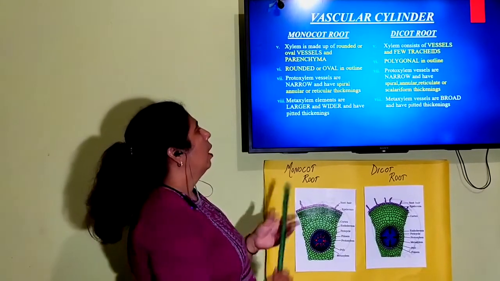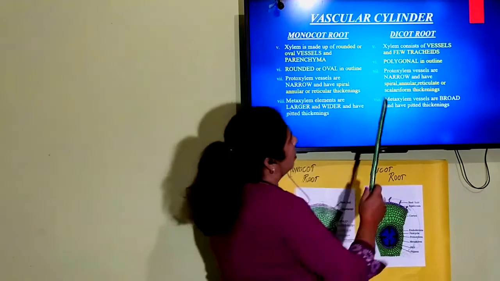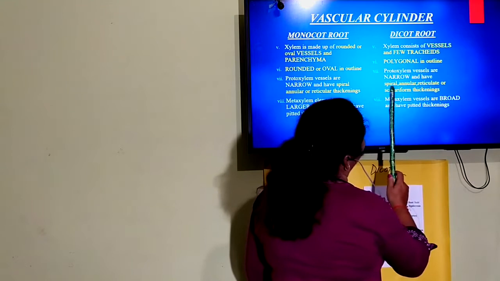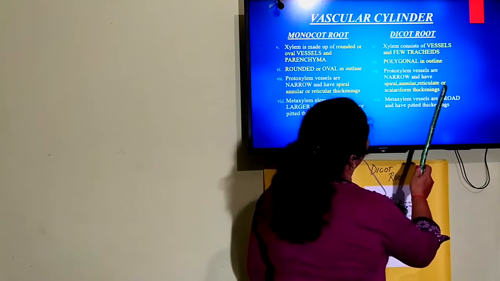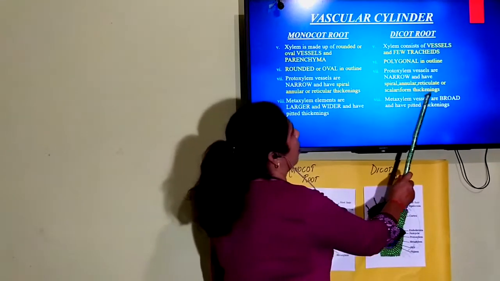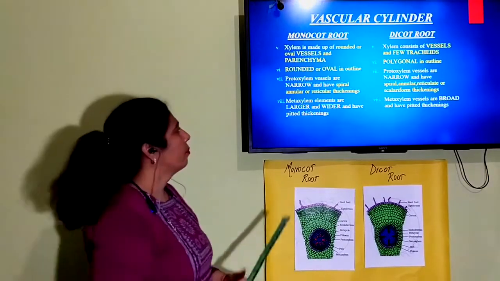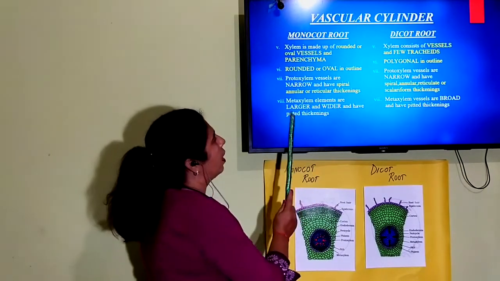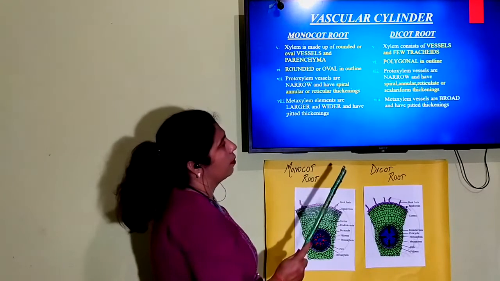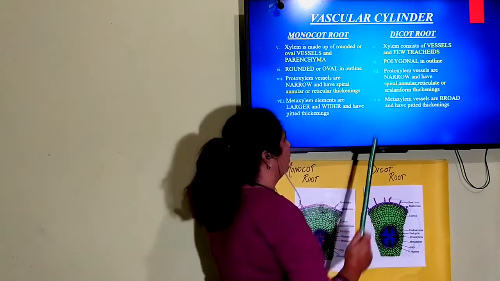Spiral, annular or reticular thickenings. Here too, the protoxylem vessels are narrow and have spiral, annular, reticulate or scleriform thickenings. Next point, metaxylem elements are larger and wider and have pitted thickenings.